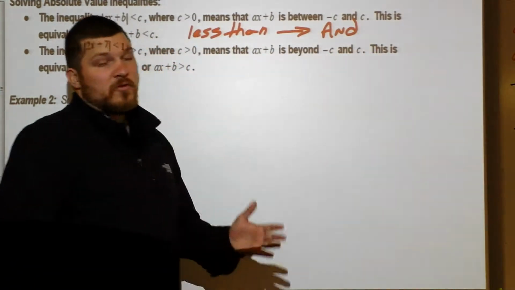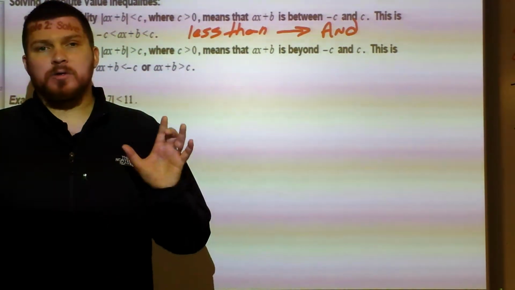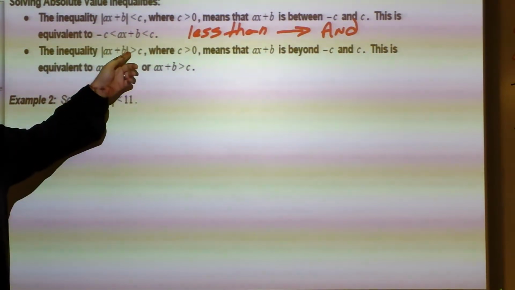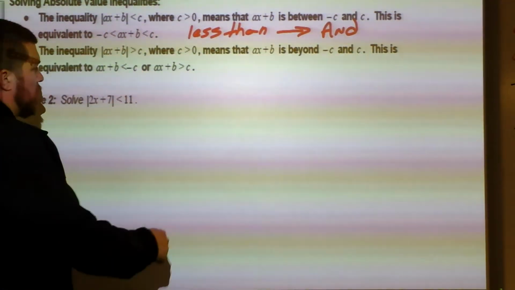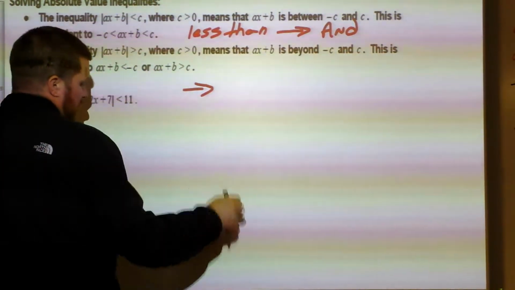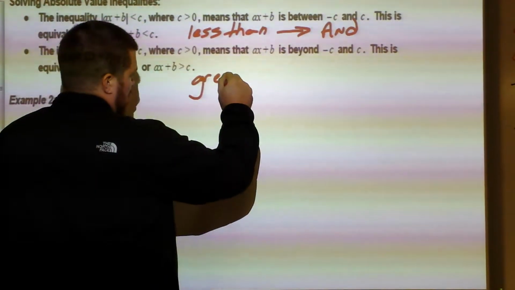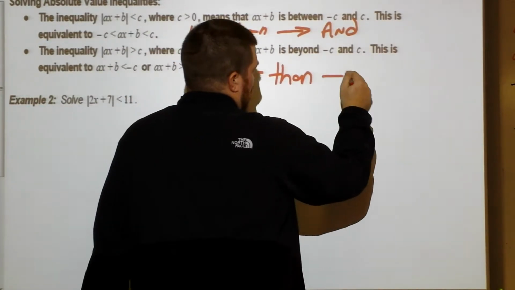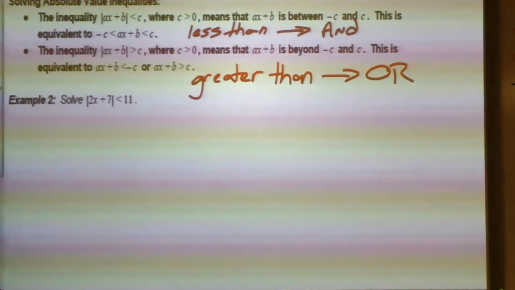Which means, if you remember the previous videos when we talked about a compound inequality, the variable is going to be in the middle. Then, if we have a greater than sign, or greater than or equal to sign, it's going to be an or problem.